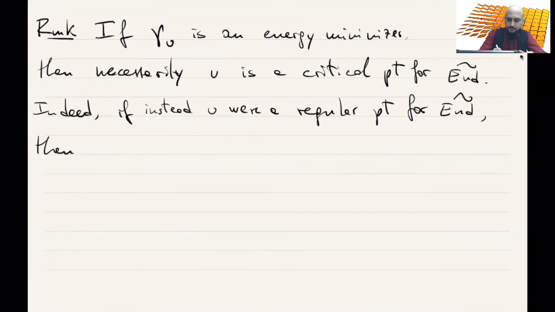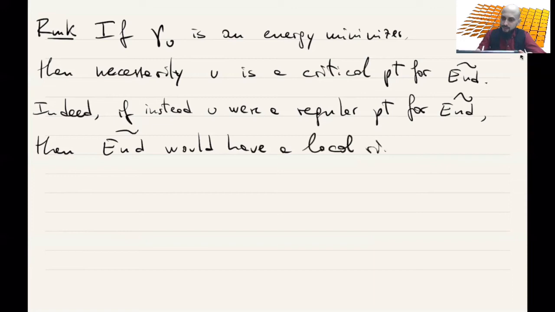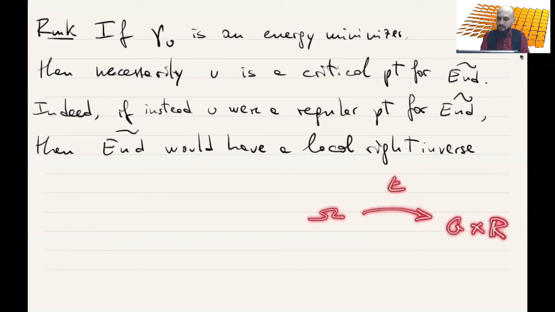then this map end would have a local right inverse. I'm using the inverse mapping theorem. So if you have omega, G times R and you have the endpoint map, and you have a regular point, this means a surjective differential.